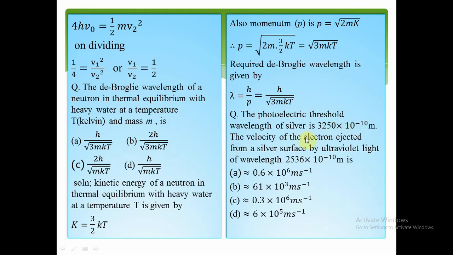The velocity of the electron ejected from a silver surface by ultraviolet light of wavelength 2536 into 10 raised to minus 10 meter is, the options are like this: 0.6 into 10 raised to 6 meter per second, 61 into 10 raised to 3 meter per second, 0.3 into 10 raised to 6 meter per second, 6 into 10 raised to 5 meter per second. You have to calculate this.